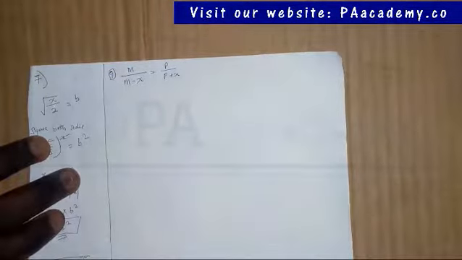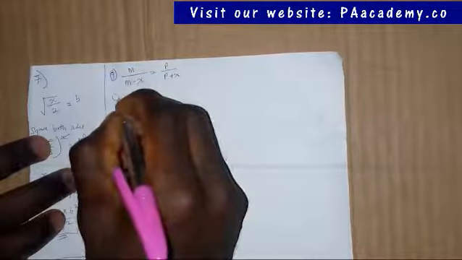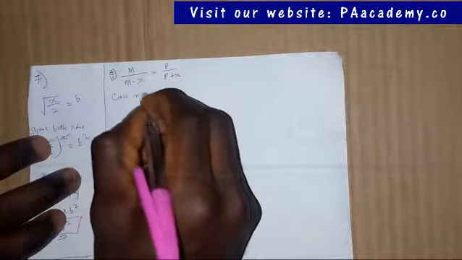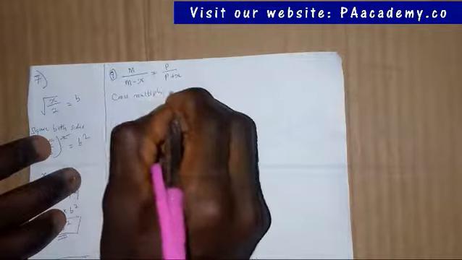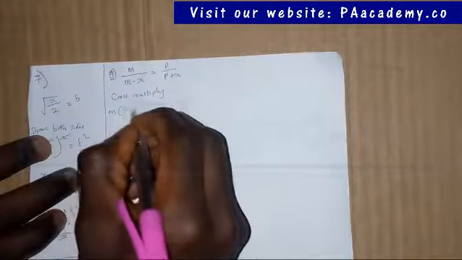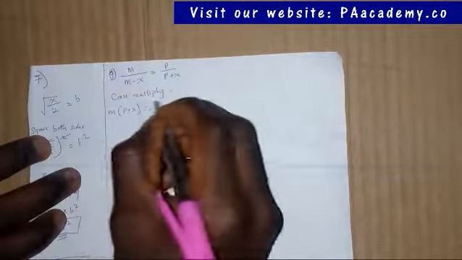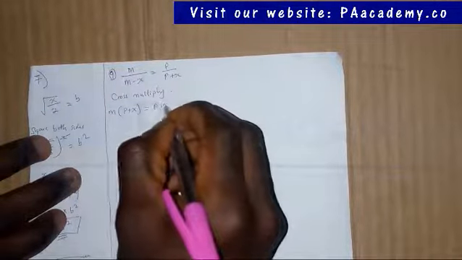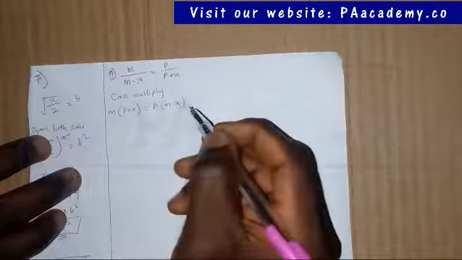So what we are going to do here is to just cross multiply. So if you cross multiply, you're going to be having m into brackets p plus x equals p into brackets m minus x.